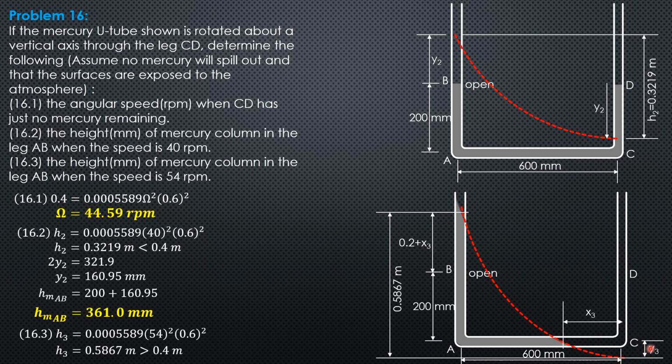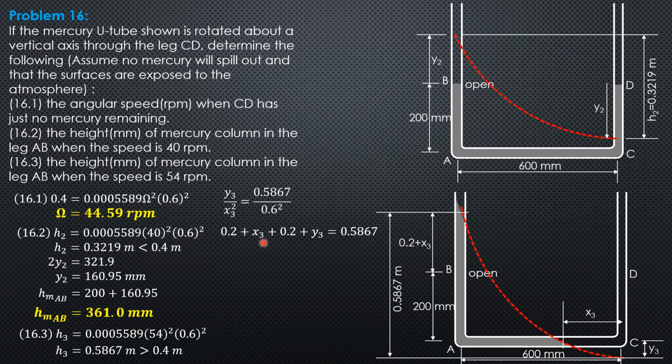To solve that, we apply the squared property of the parabola first: y3 over 2x3 squared equals 0.5867 over 0.6 squared. Then the second equation from the figure: 0.2 plus x3 plus 0.2 plus y3 equals 0.5867.